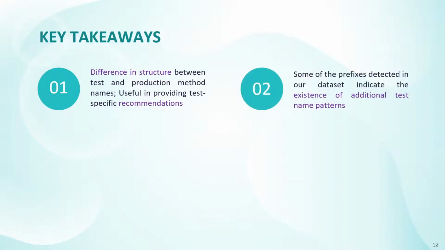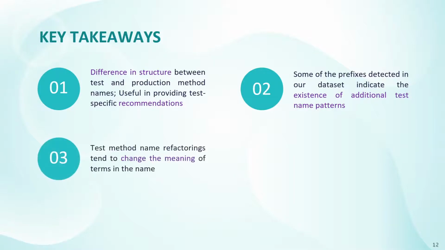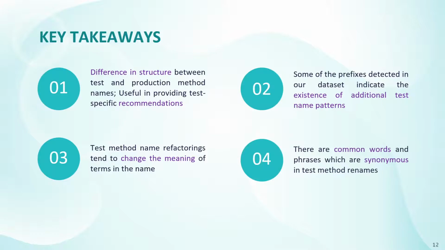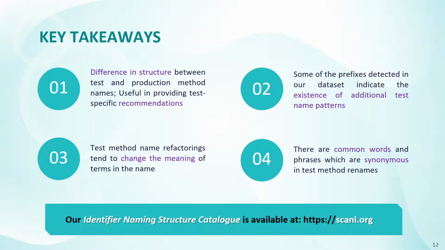We also confirmed grammar patterns identified in prior work, in addition to detecting new grammar patterns for test method names. In terms of semantics, our findings show that renames to test methods tend to change the name's meaning. And finally, studying terms in the name of the method identified common words and phrases.